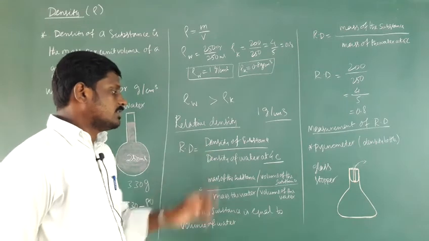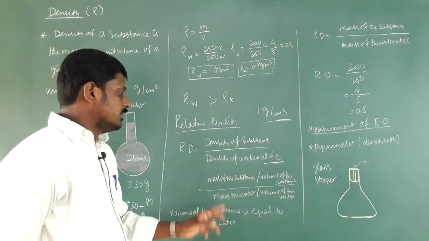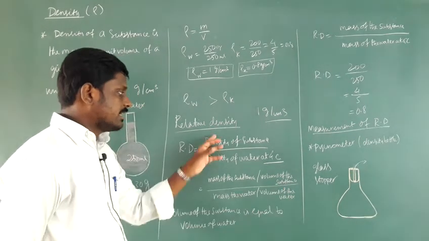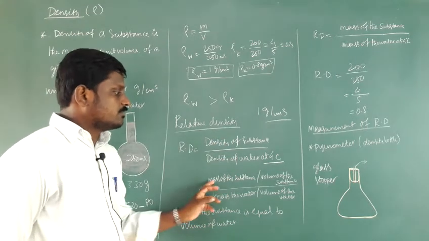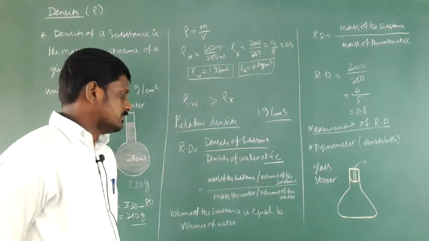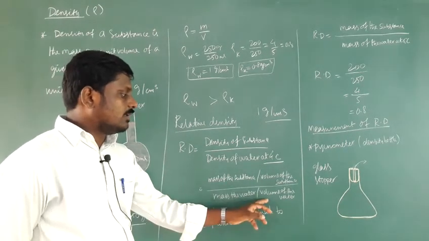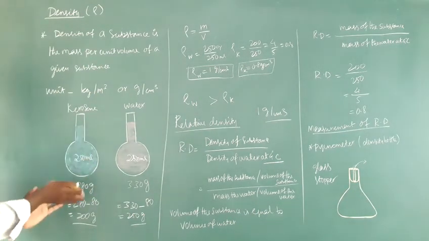So density equals mass by volume. The mass of the substance divided by the volume of the substance, divided by the mass of the water divided by the volume of the water. Just expand: density of the substance divided by density of water at 4 degrees Celsius. The volume of the substance and the volume of water are both equal, here the volume of the vessel, 250 ml.